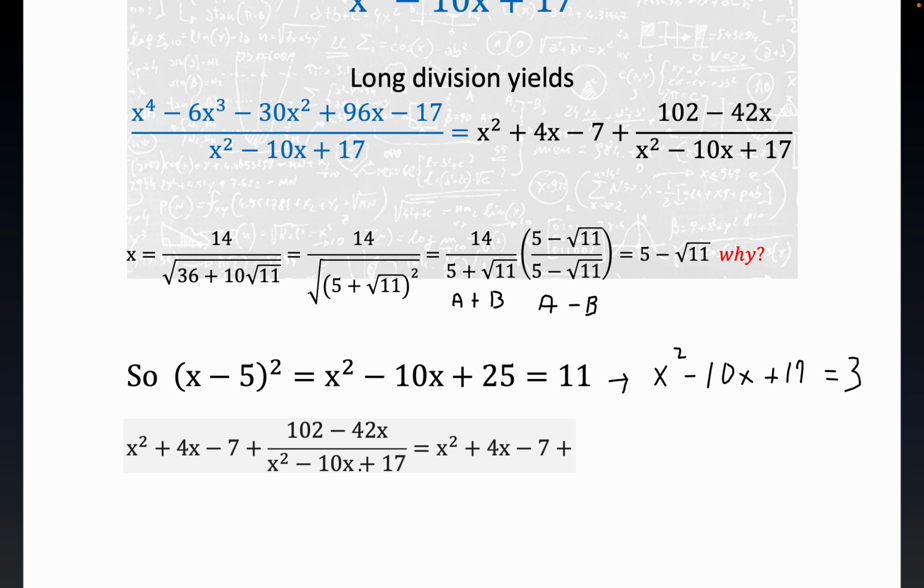This entire piece will just become 3. And so you'll have this original piece right here plus this numerator divided by 3. 102 divided by 3 is 34, right? 3 times 34 is 102. And 42 divided by 3 is 14. So you get minus 14x here.